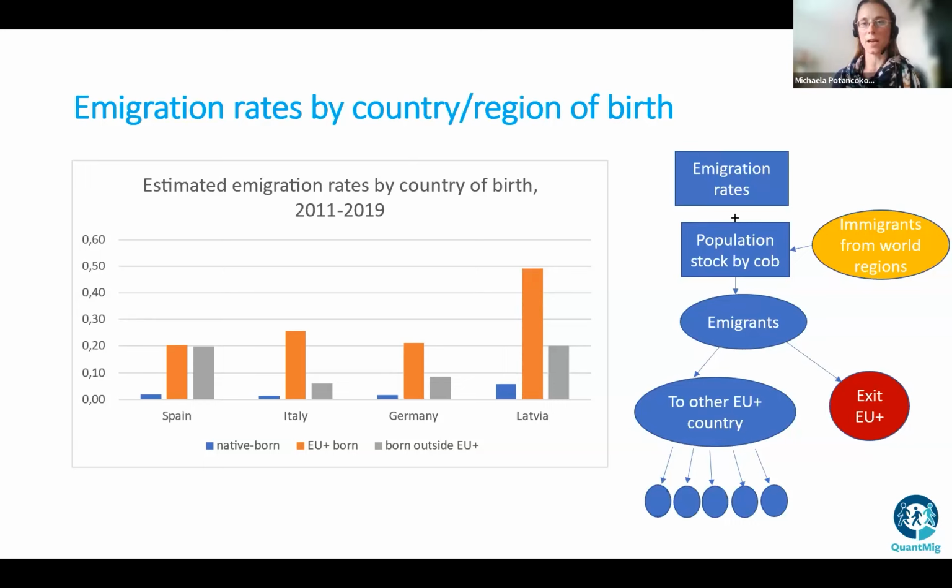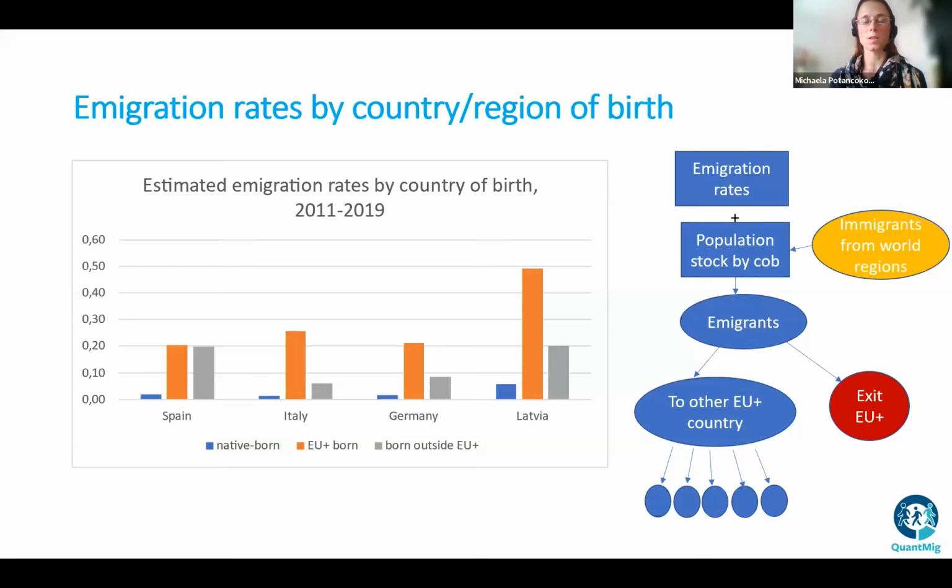So we made these kinds of estimates, and although there were a lot of assumptions behind this, because actually empirical data we managed to collect only from about 5 countries, we could estimate that you can see these differentials: the native born are actually the least mobile, only about 2 in 100 would move.